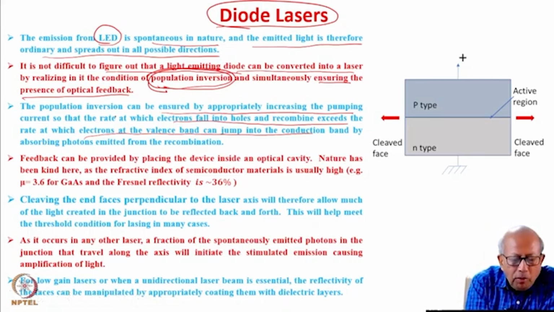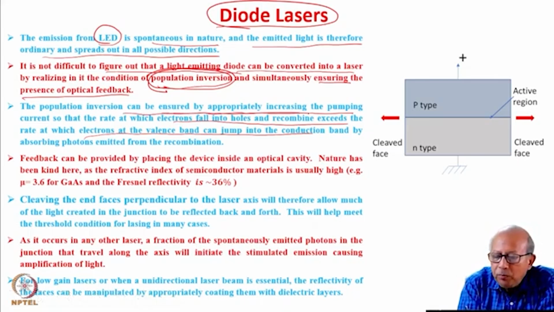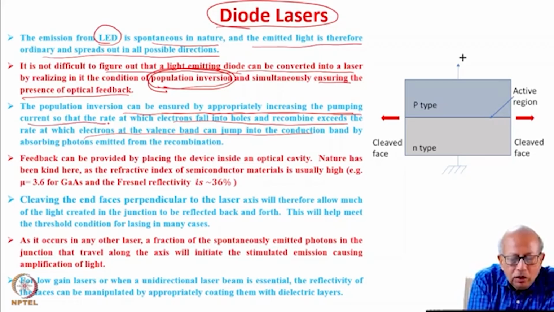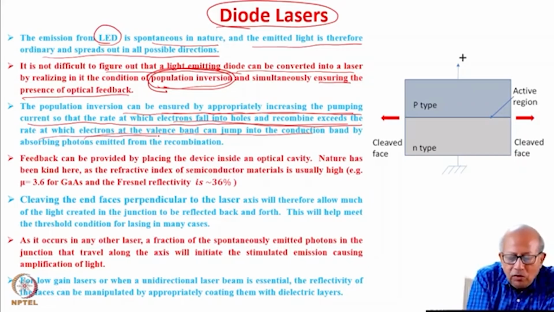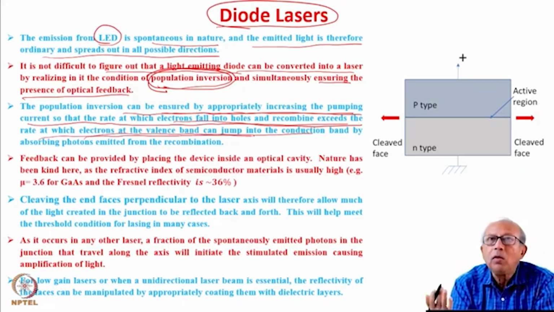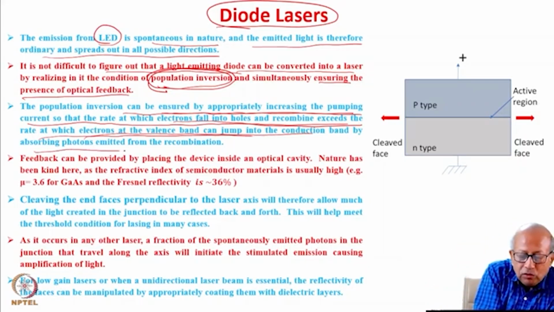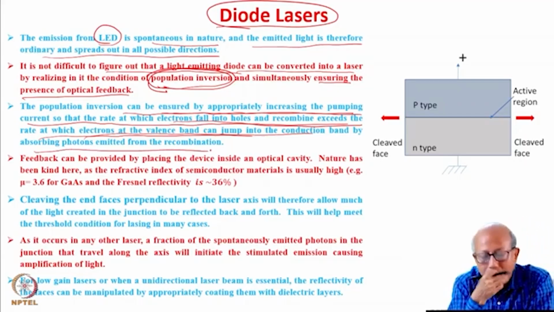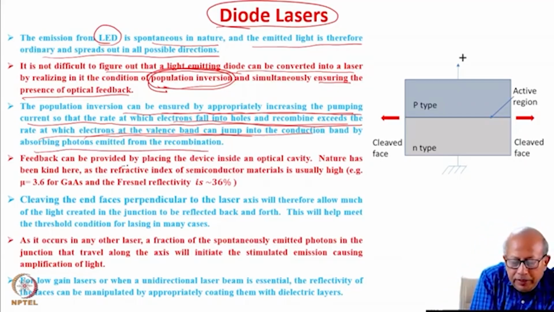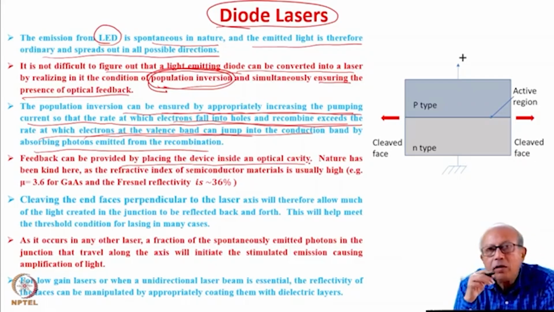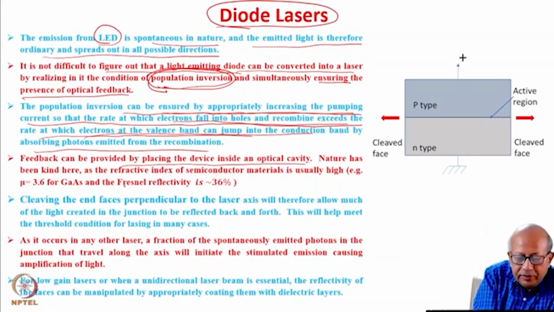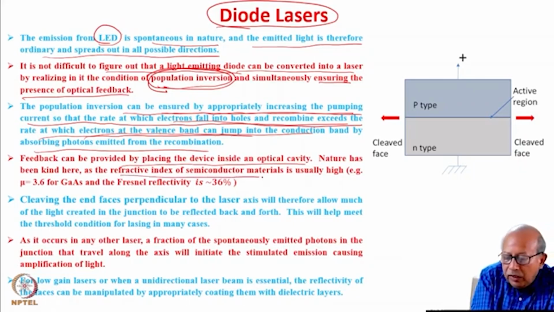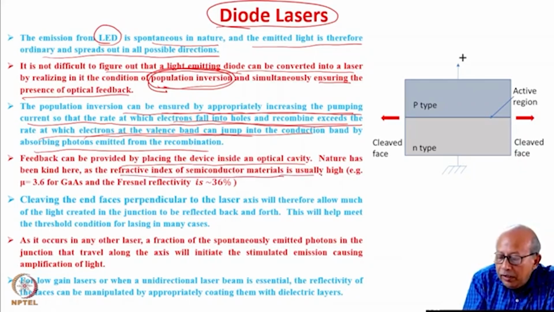So the population inversion can be ensured by appropriately increasing the pumping current, so that the rate at which electrons fall into holes and recombine exceeds the rate at which electrons in the valence band can jump into the conduction band by absorbing photons emitted from such recombination. Feedback can be provided by placing the device inside an optical cavity.